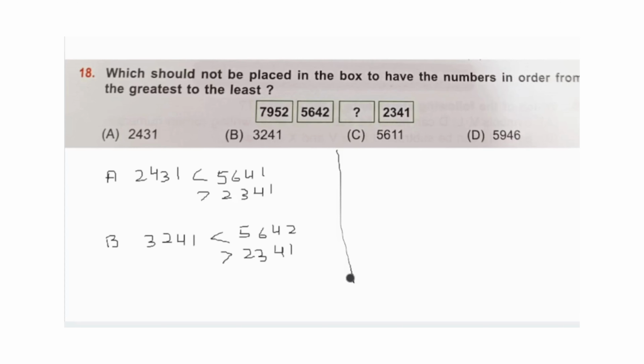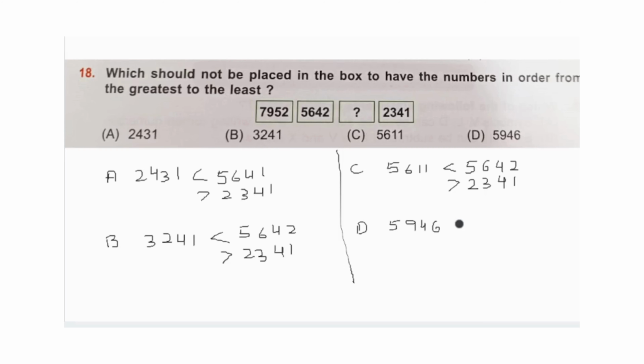Now let's go to option C. Option C is 5611. This is less than 5642, which is eligible for our answer, and greater than 2341. Let's see the last option, D, 5946.